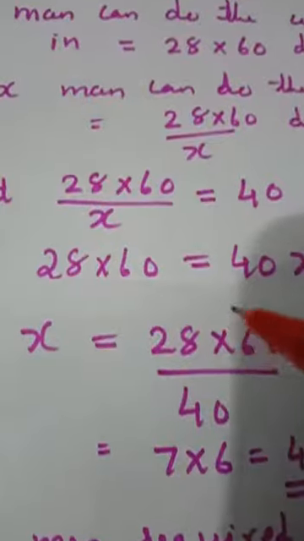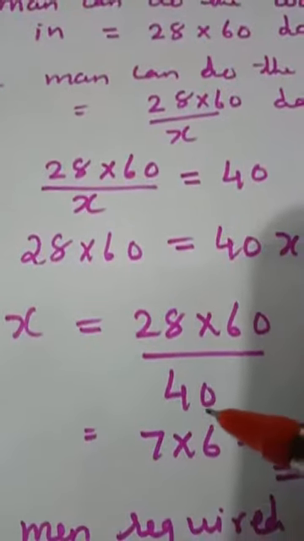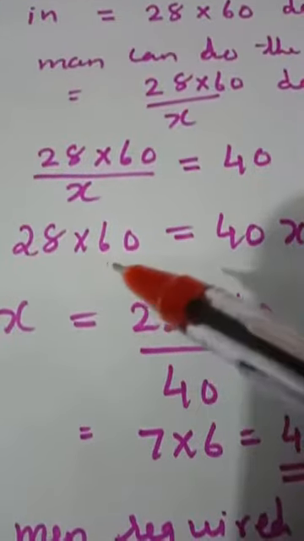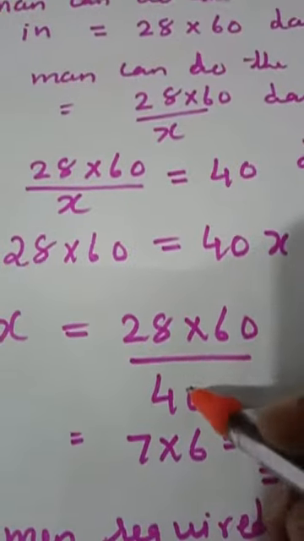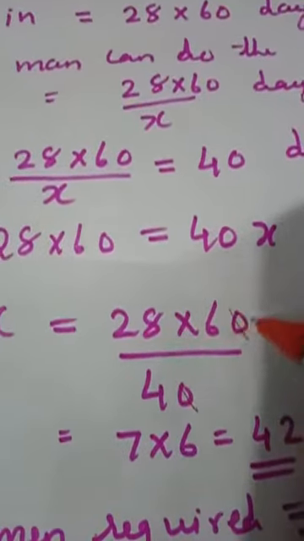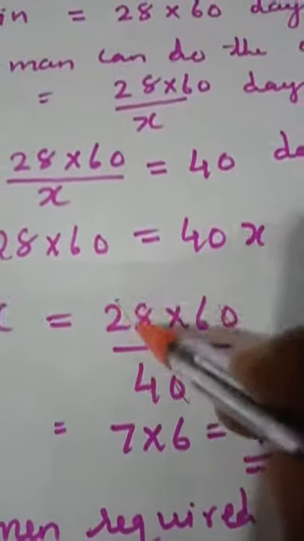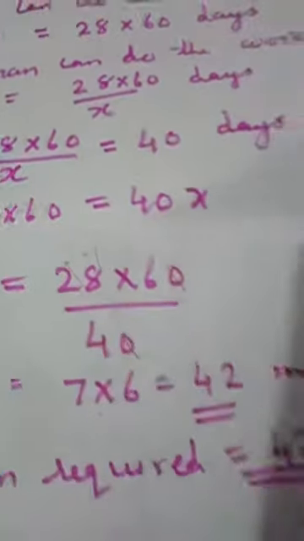So X is equal to 28 into 60 divided by 40. The 0 gets cancelled. 4 ones are 4, 7 fours are 28. So 7 into 6, 42 men. The number of men required is 42.